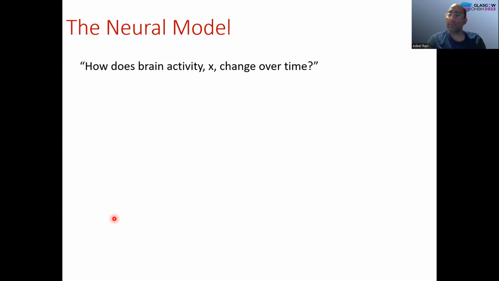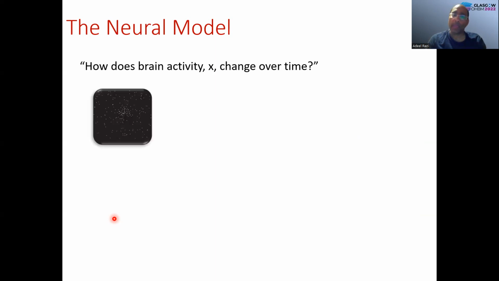That's the main question we are asking. Let's say we have an experimental paradigm with a visual stimulus: moving dots on the screen, which subjects view during fMRI.